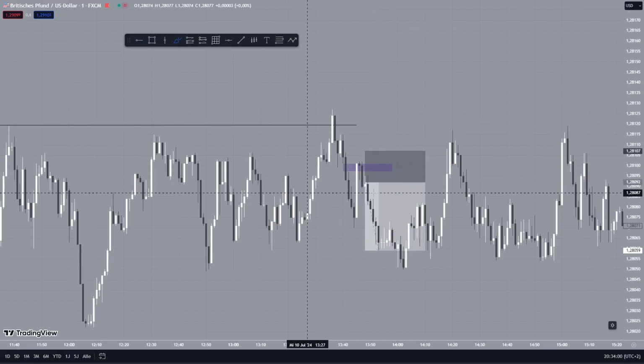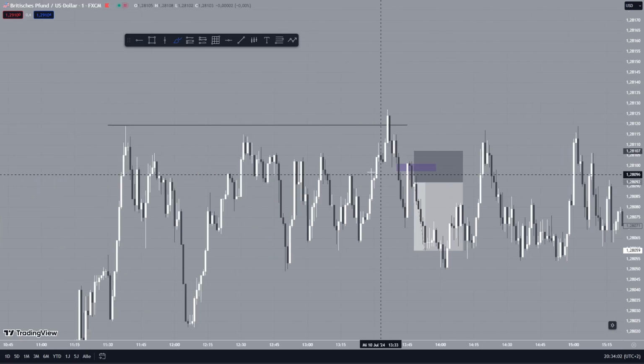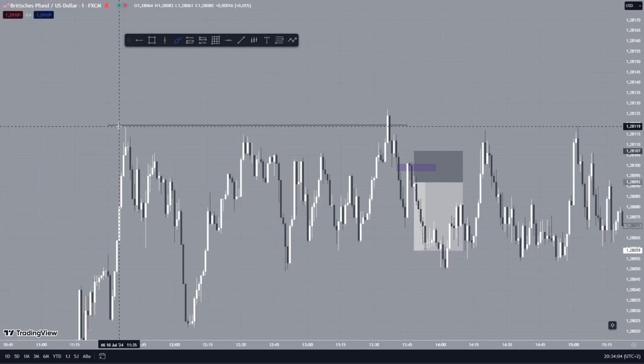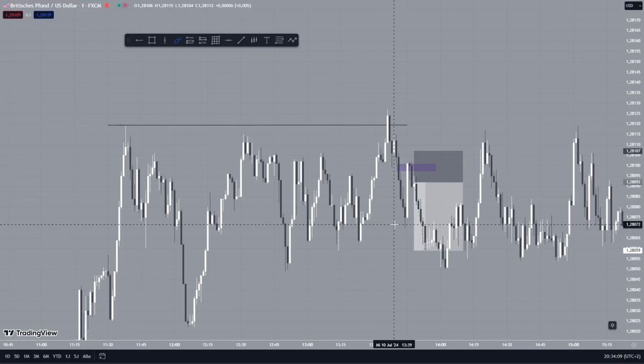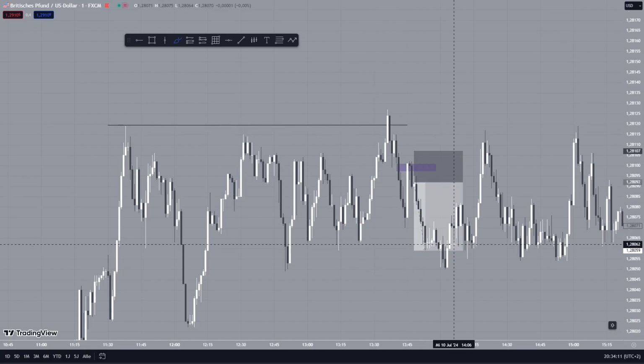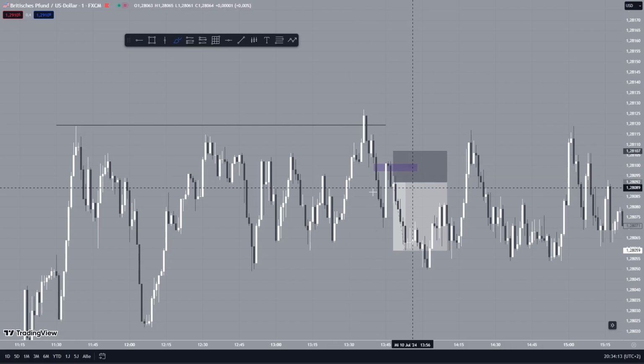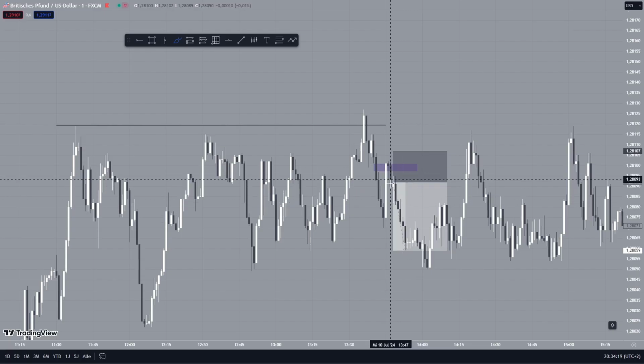As I said, it's not the A plus setup, because the A plus setup is when every confluence, like the liquidity, the sweep, the fair value gap, the reaction of the fair value gap, and market conditions like price action, are all looking good. Here you can see I entered when it was showing selling pressure, so it was going down, and you enter here. You see where I place my stop loss.